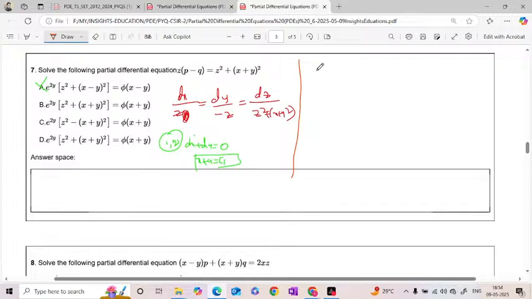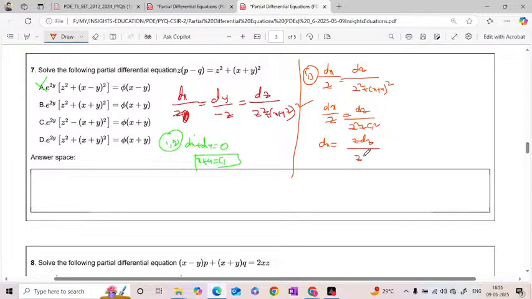Suppose here I am taking 1 and 3, then what will happen? dx by z is equal to dz by z square plus x plus y whole square. But already x plus y is c1. So dx by z is equal to dz by z square plus c1 square. Now dx is equal to z dz by z square plus c1 square.